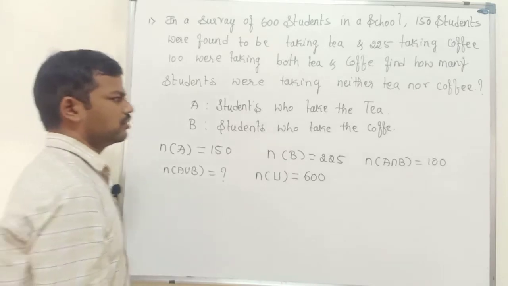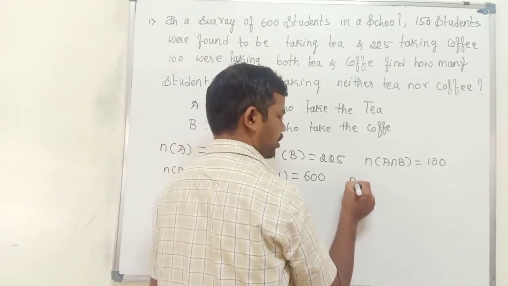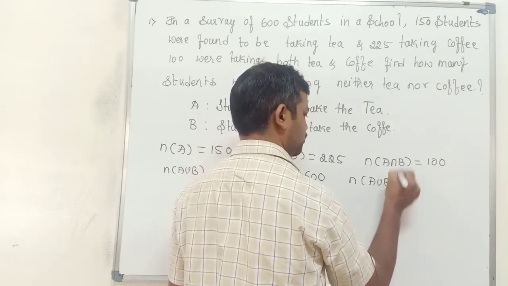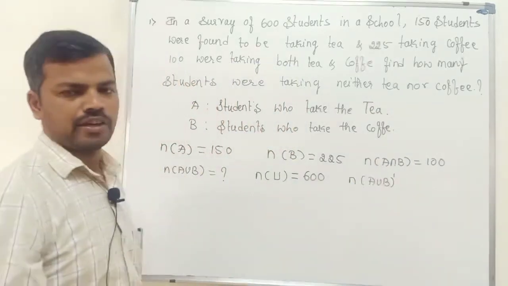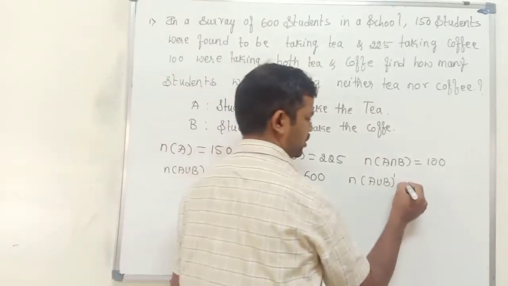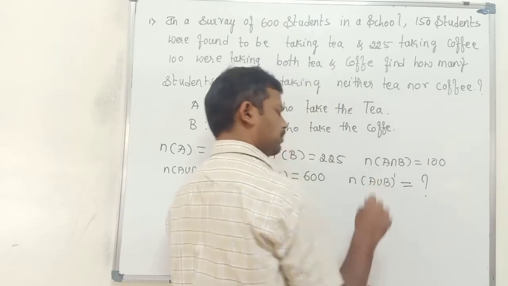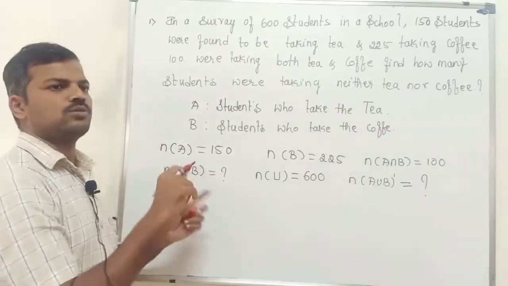Now we have to find the number of elements in A union B complement. A union B means they will drink at least one of them, tea or coffee.